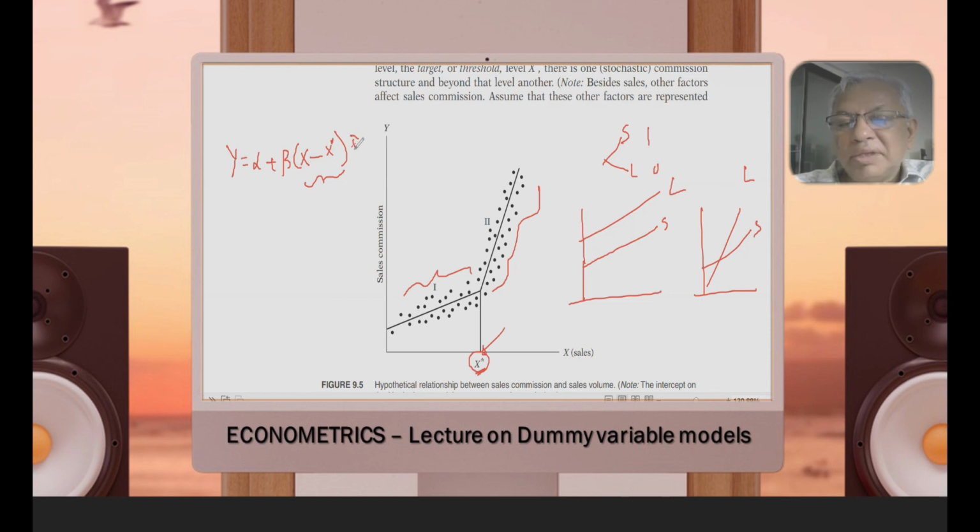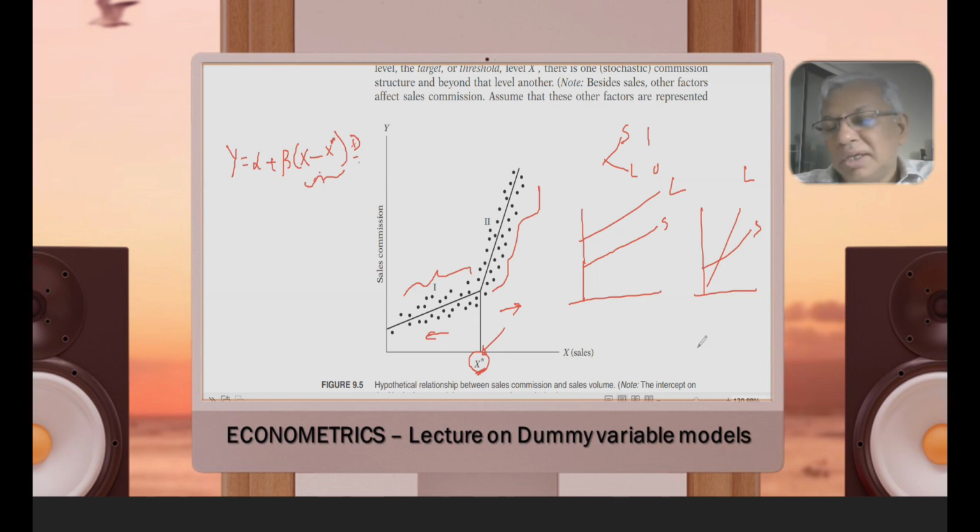So we say there is a dummy. If this is positive, the dummy variable will have 1. If this is negative, the dummy variable will have 0. Which means for a positive number, this will have a different value, and for a negative number, this will have a different value. So we change this between positive and negative numbers.